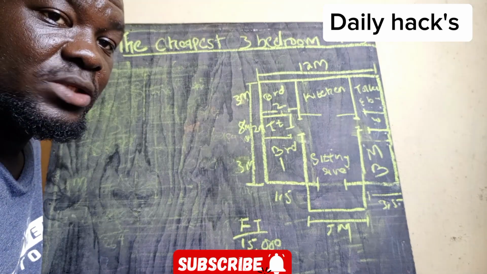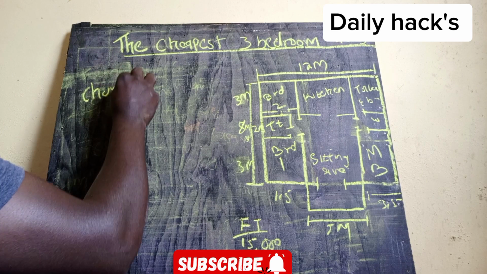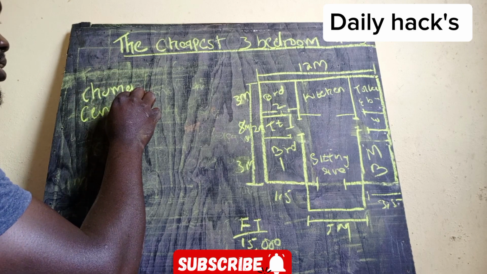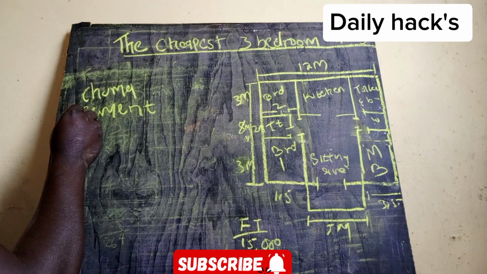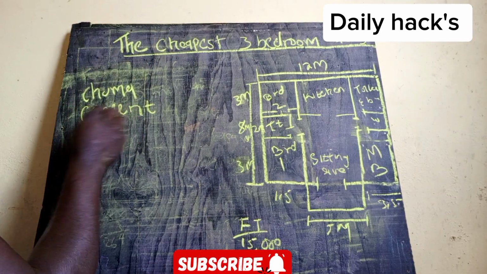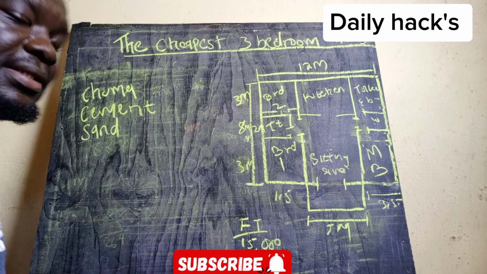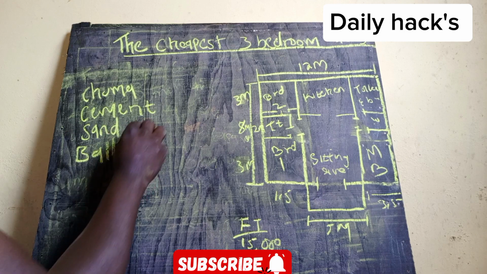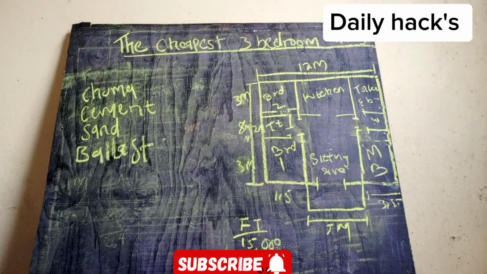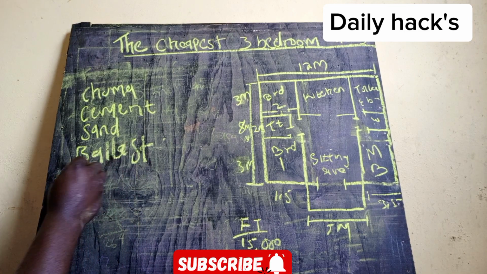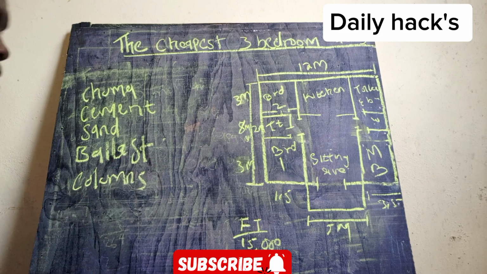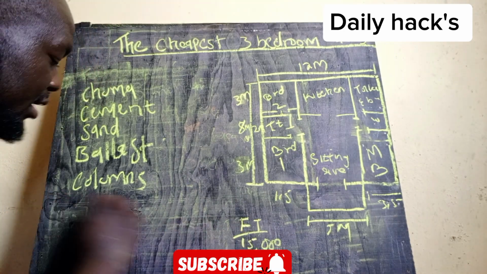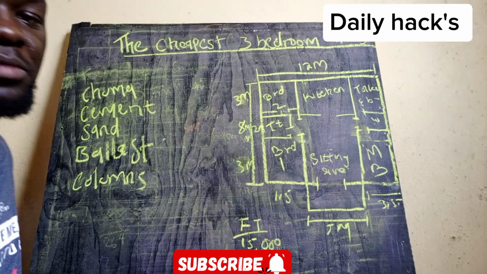So the footing will cost us chuma, cement, sand, ballast, and in some places you will use columns, but in other places there is no need of columns, but we will put columns for it to be strong.